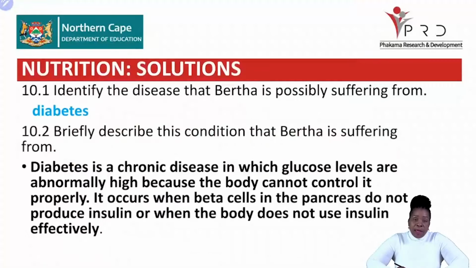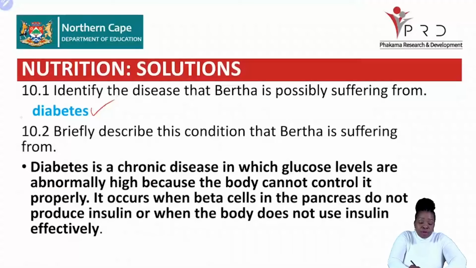Right, welcome back, learners. Answer 10.1 says, identify the disease that Betha is possibly suffering from. So Betha suffers from diabetes. We have discussed diabetes before together, and I'm sure you still remember that. So 10.2 says, briefly describe this condition that Betha is suffering from.